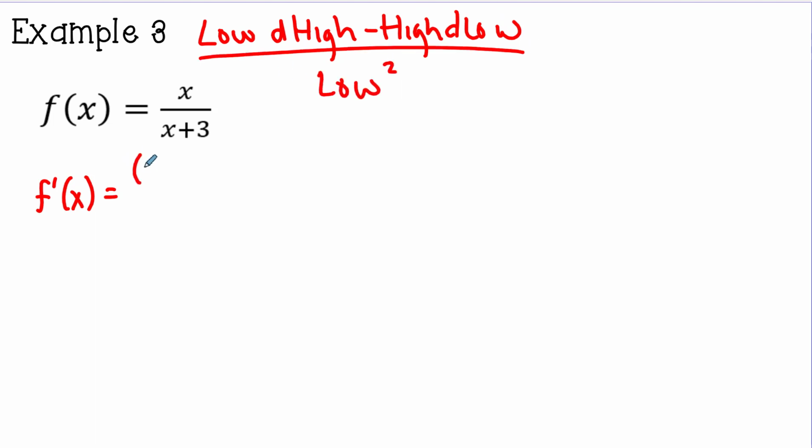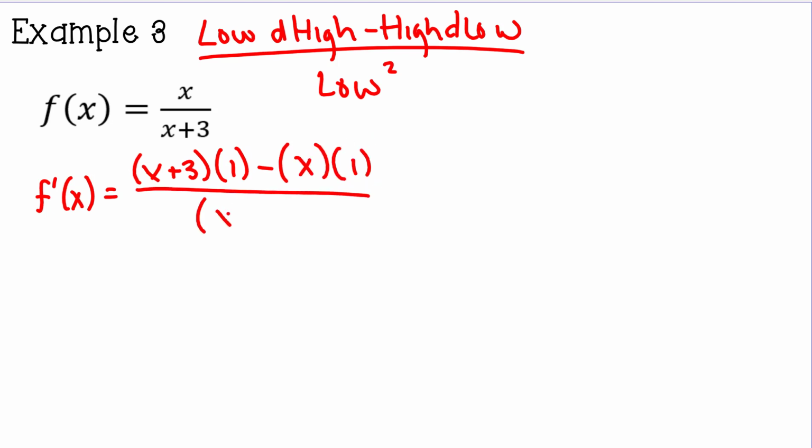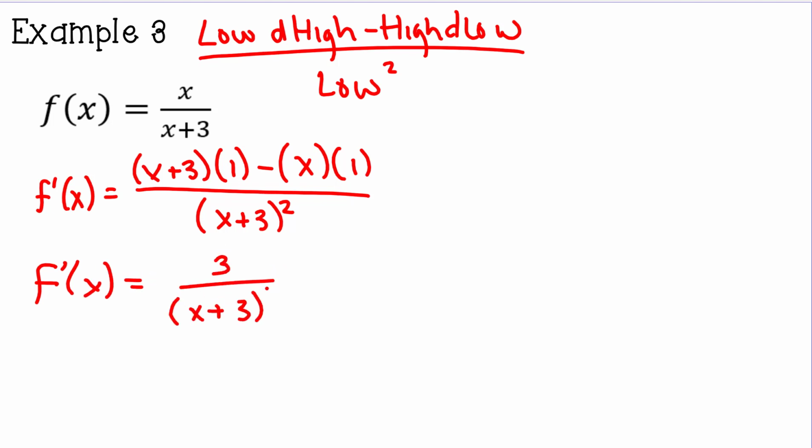So low is x plus 3, d high is 1, minus high, so that's x, and then d low is 1, all over low squared. So I have f prime of x equals 3 over x plus 3 squared.